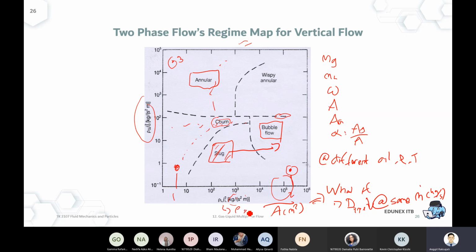That's rho multiplied by J. Rho is kilogram per cubic meter. J is like a flux, a flow flux. Flux means it's divided by square meter of the area.